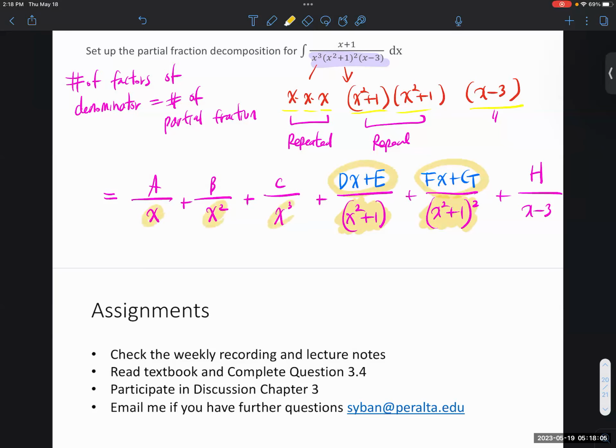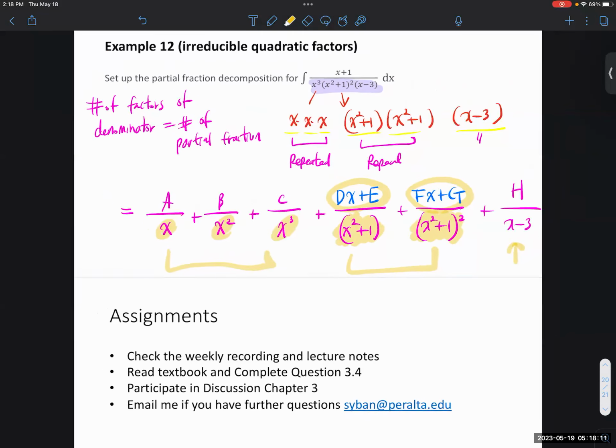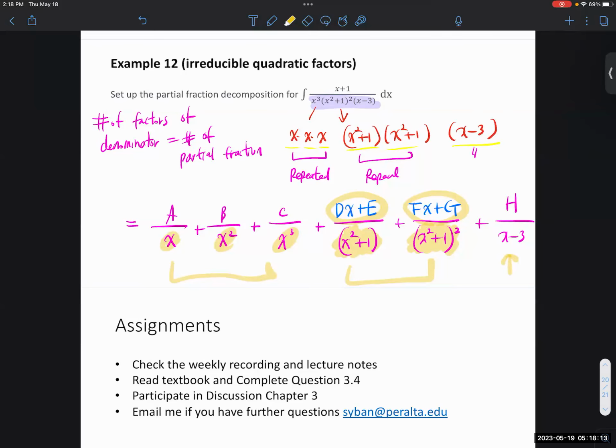The powers of x are repeated. This one is not repeated. Okay, so that's your partial fraction form. I'm not going to ask you to solve it to find A, B, C, D, E, F, G, but as long as you have a complicated function, look at my tips, and then you can set up the partial fraction form. Okay, so that's all about 3.4.